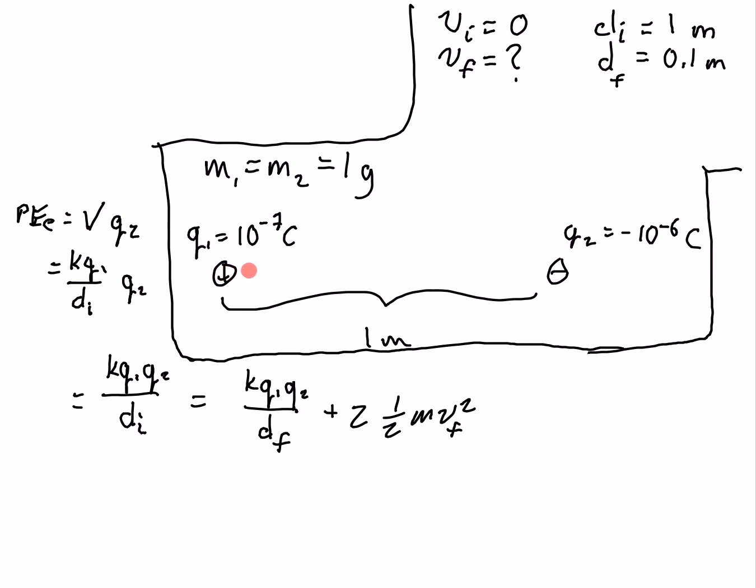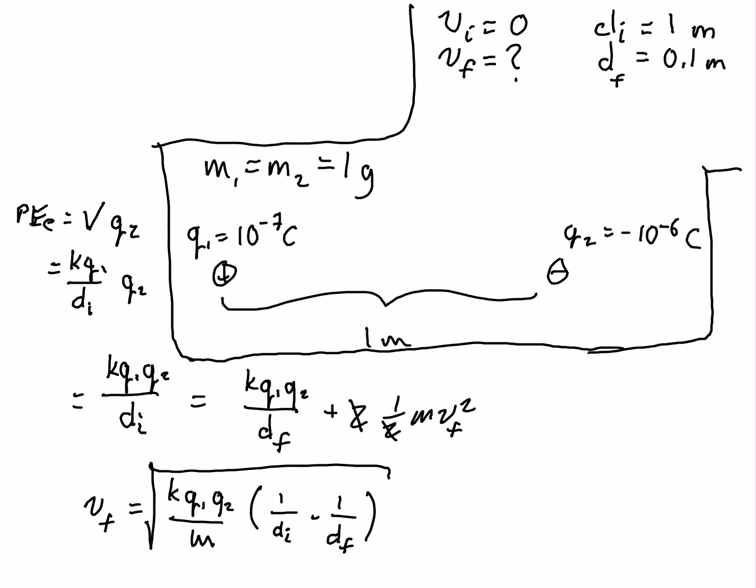The force exerted on Q1 by Q2 is equal to the force exerted on Q2 by Q1, equal except opposite. That's because of Newton's law. And also their masses are the same. So if their masses are the same and the forces exerted on them are the same, then their velocities are the same, and therefore their kinetic energies will be the same. So that's why the total kinetic energy is just 2 times the kinetic energy of a single one of them.